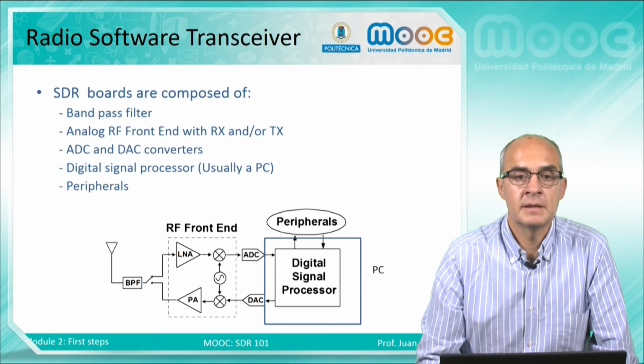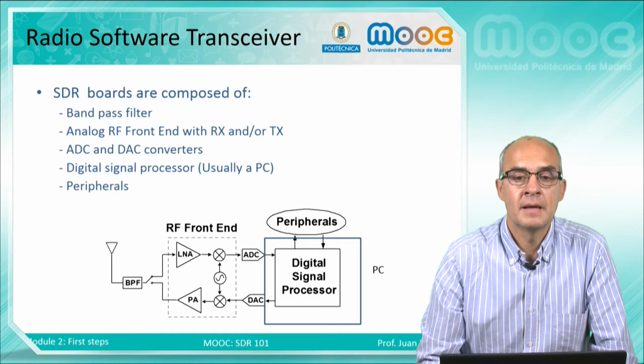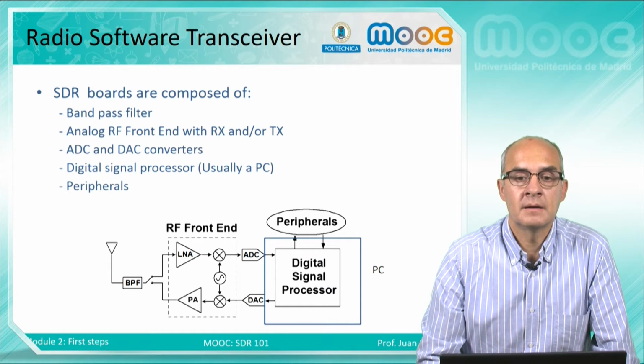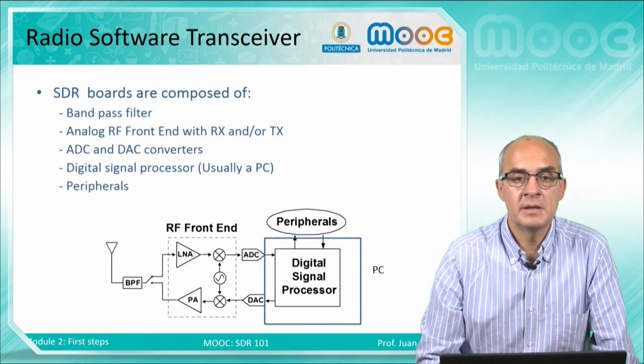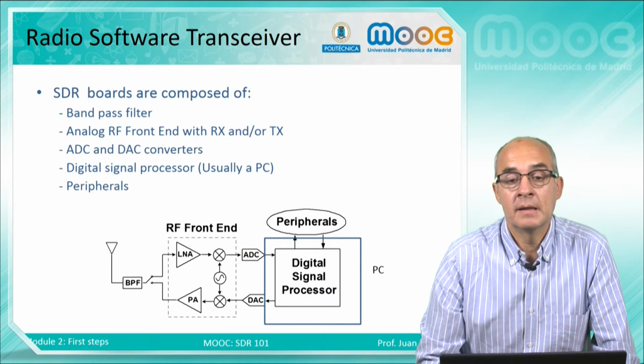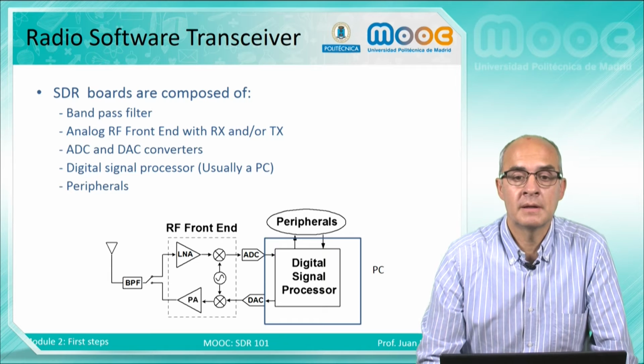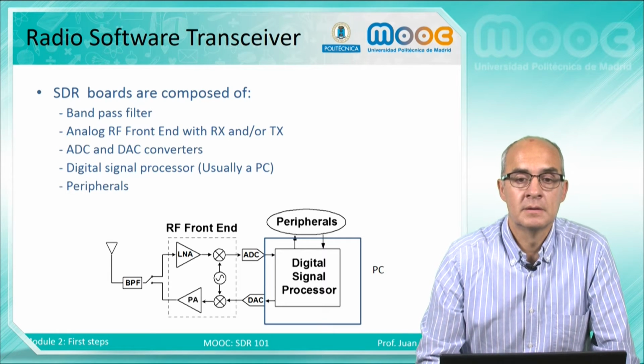The receiver is composed of a low noise amplifier, we call it LNA, a mixer, and an analog to digital converter. The transmitter is composed of a digital to analog converter, again a mixer, and a power amplifier.